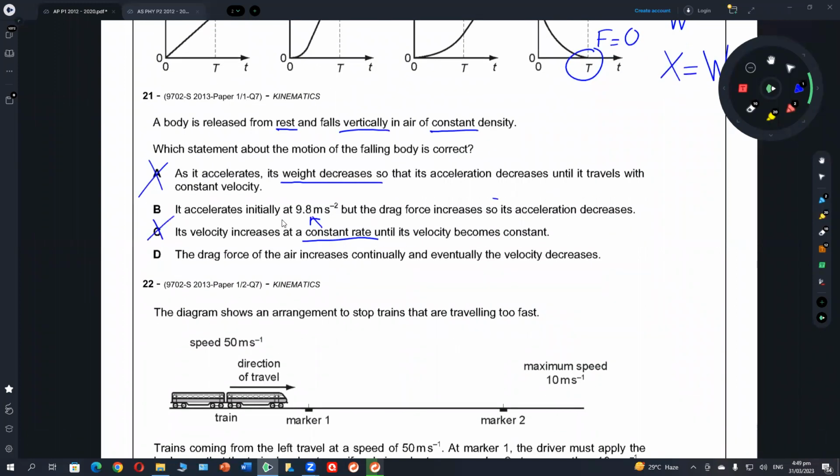The drag force of the air increases continually and eventually the velocity decreases. What about D part? The velocity will decrease, but I'm not sure about the drag force.